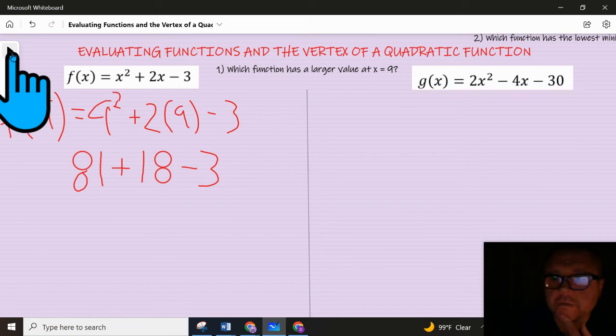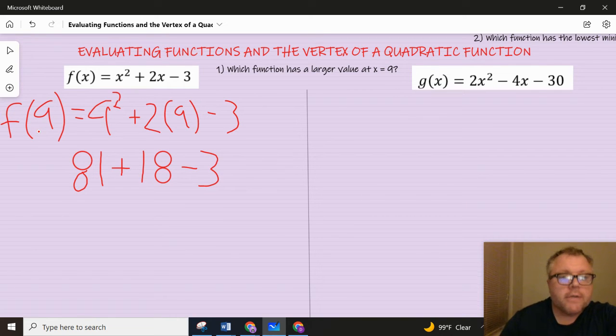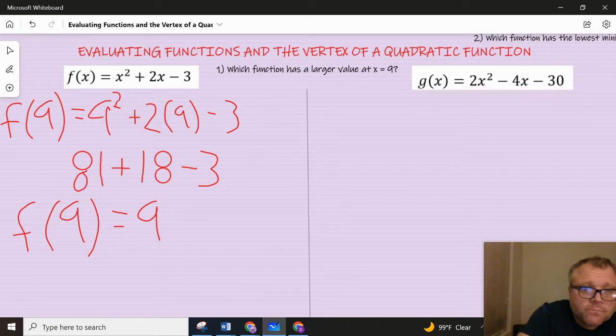So 81 plus 18 minus 3. Clean that up. 96. So over here at f of x land, when x equals 9, y equals 96.